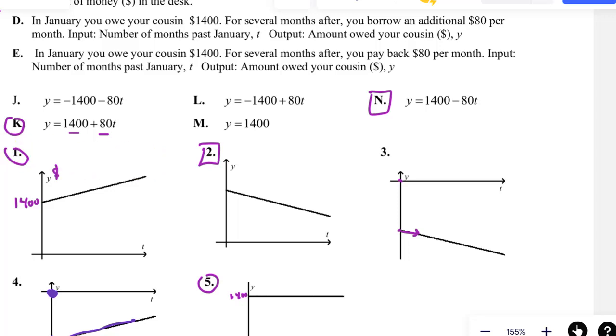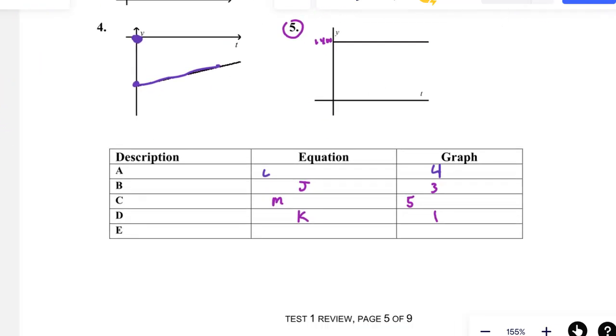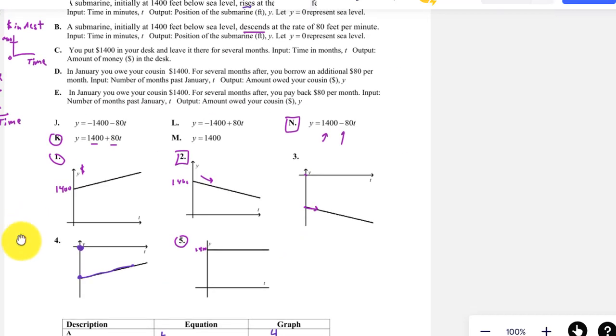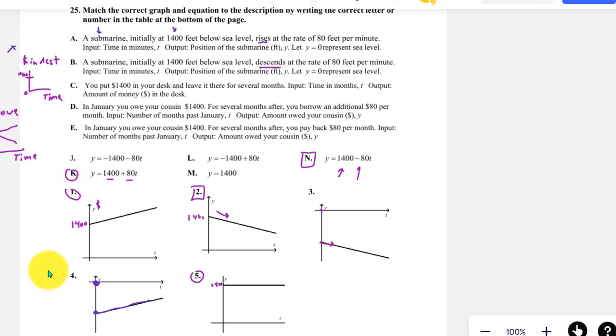Graph number 2, you originally owe 1,400, but now you're paying it back, so the amount's going down. Letter N, in terms of the equation, is you borrow 1,400, but every month it goes down by $80. Okay? So N and 2. All right, so that handles question number 25.